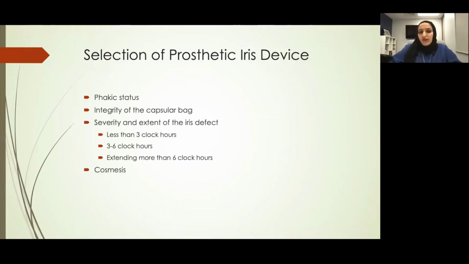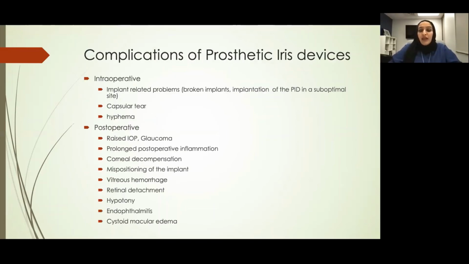If the patient is aphakic, you can use the IOL like iris lens implants, and if the patient is pseudophakic, you can go with either. Integrity of the capsular bag is also important in planning the surgery. Severity and the extent of the iris defect, whether it's 3 clock hours, 3 to 6 clock hours or more, and the cosmesis.